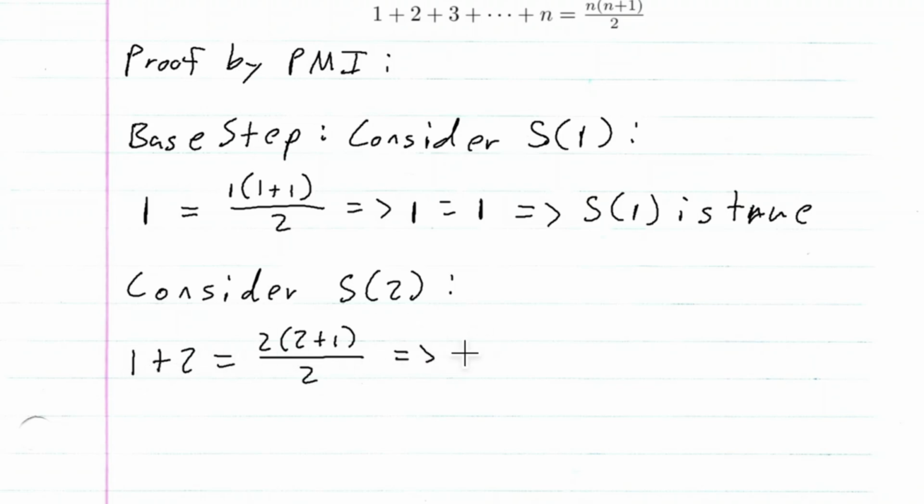Okay, so 1 plus 2 is 3. And 2 times 3 over 2 is 3 as well, because 2 times 3 is 6, and 6 divided by 2 is 3. So we can see that the sum of the first two terms is equal to this formula if we plug in 2, right? So this tells me that S of 2 is true as well.